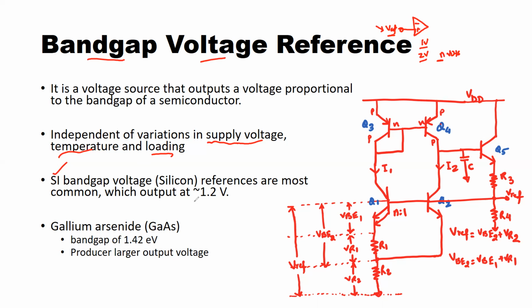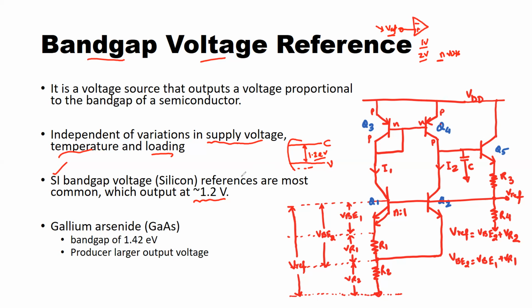Their output is approximately equal to 1.2 volt, because the bandgap energy of silicon as a semiconductor is about 1.2 electron volt: this is your conduction band, this is your valence band, and the electrons want to jump and overcome this energy level. That's why the name.